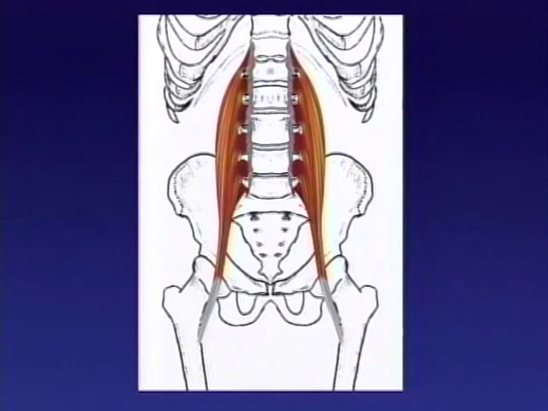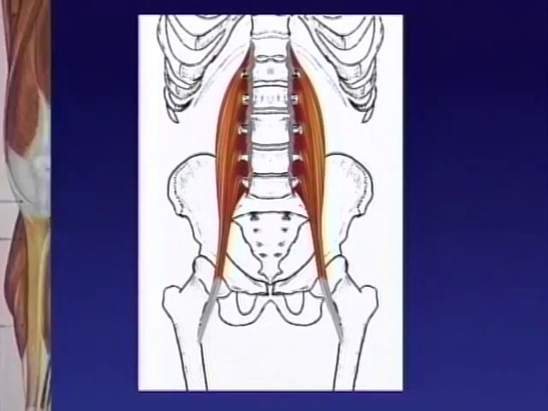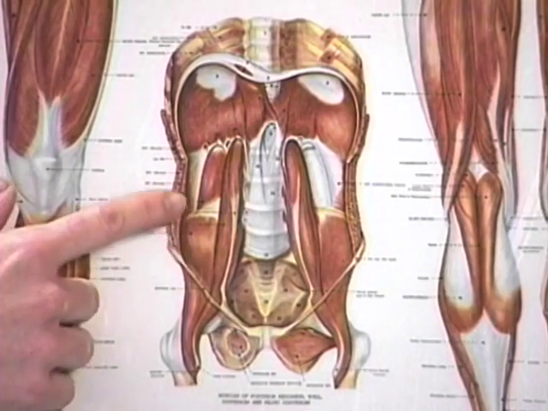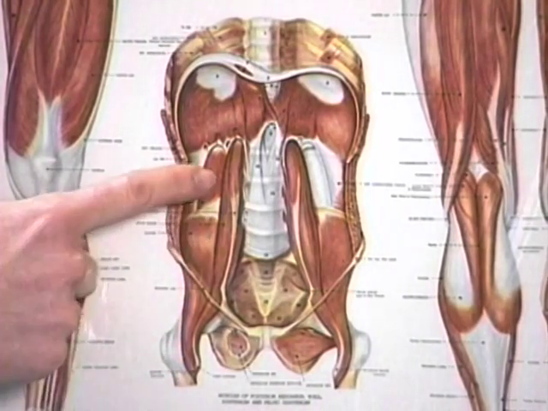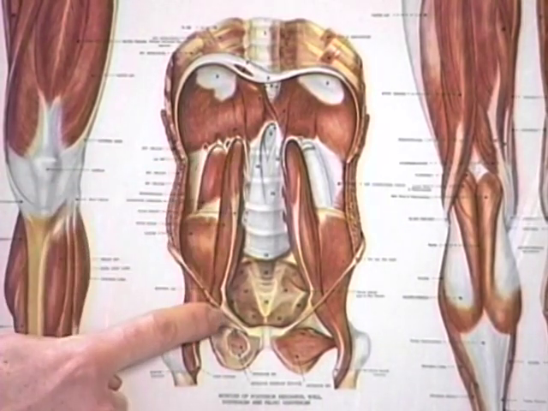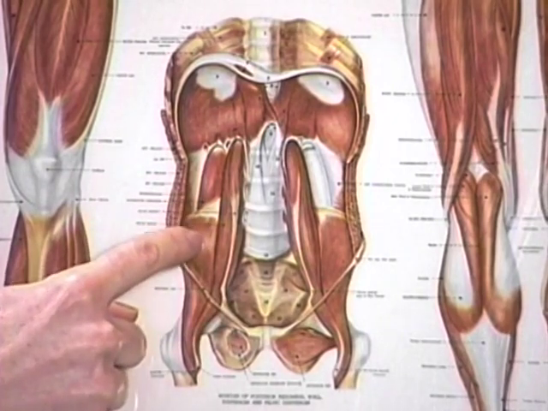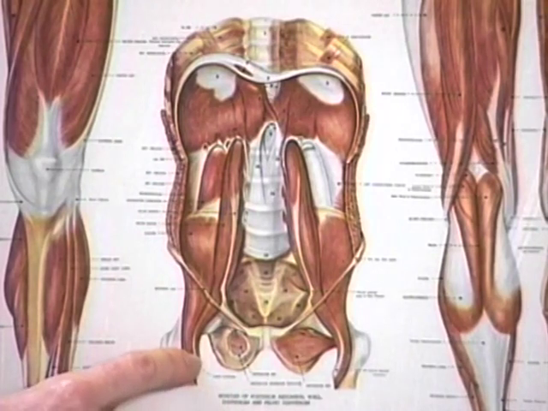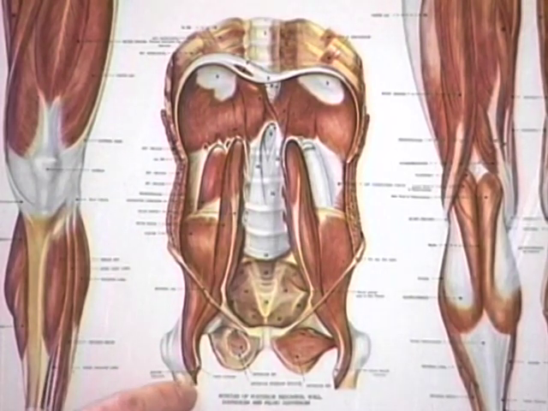It inserts on the lesser trochanter of the femur. As our diagram shows us, after we peel away the layers of the abdomen, we're looking very deep into the lumbar and hip region. We can see the psoas major as well as the iliacus muscle. Both of these muscles come down and insert into a common tendon onto the femur.